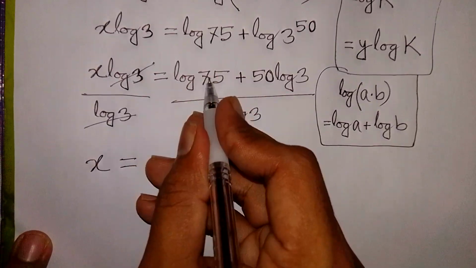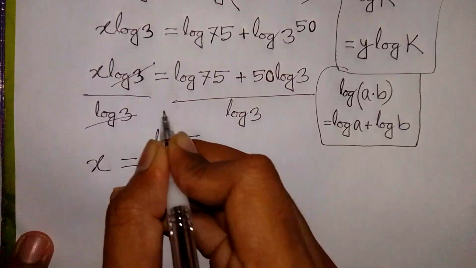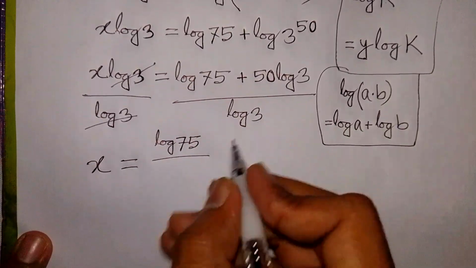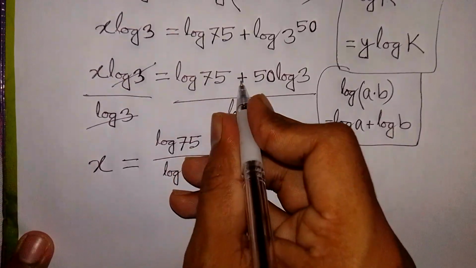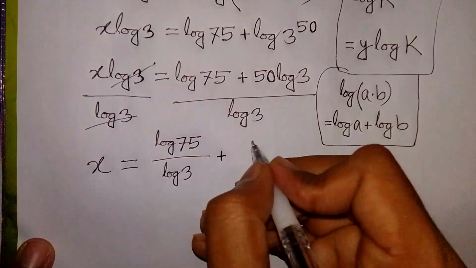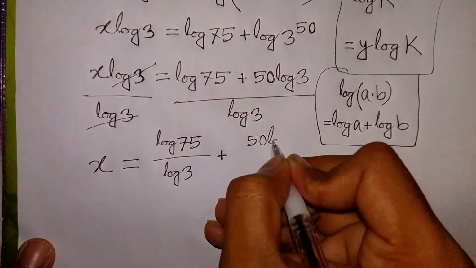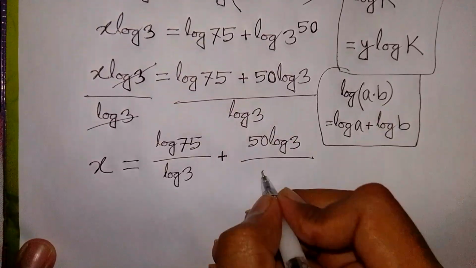So here log 75 over log 3, then here plus 50 log 3 over log 3.